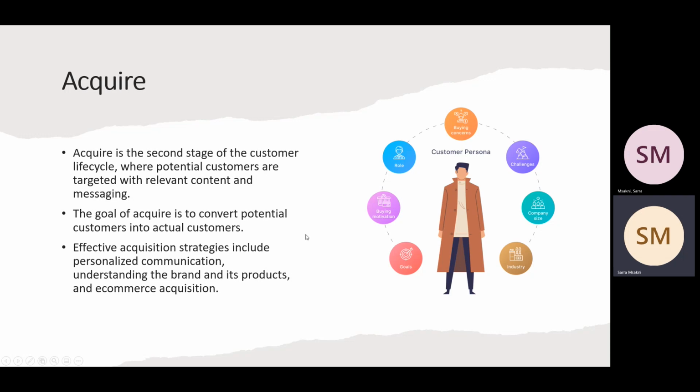So the second stage of customer lifecycle is to acquire. This stage involves acquiring new customers by offering relevant content or messaging that will resonate with their needs. So understanding the brand, the products that are offered, and the type of person who will buy them will help with the acquisition process.